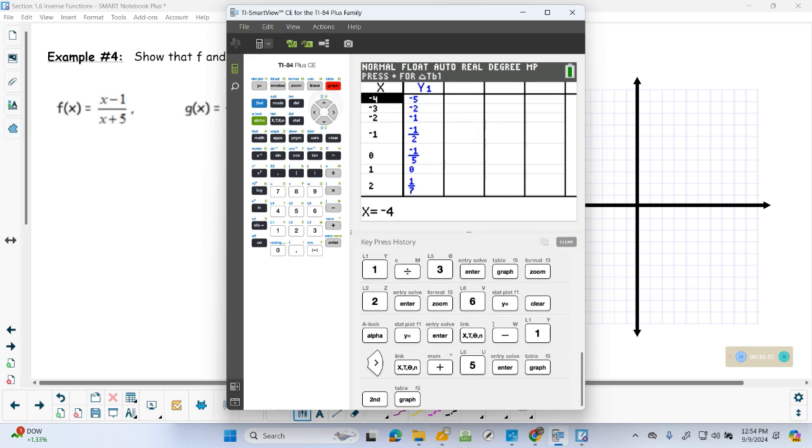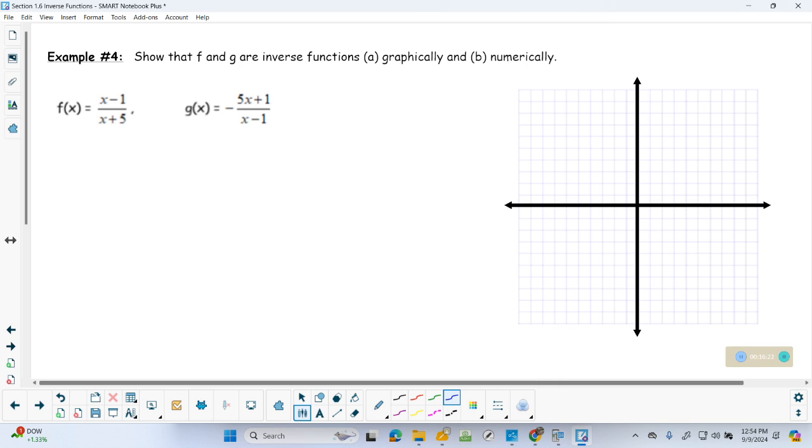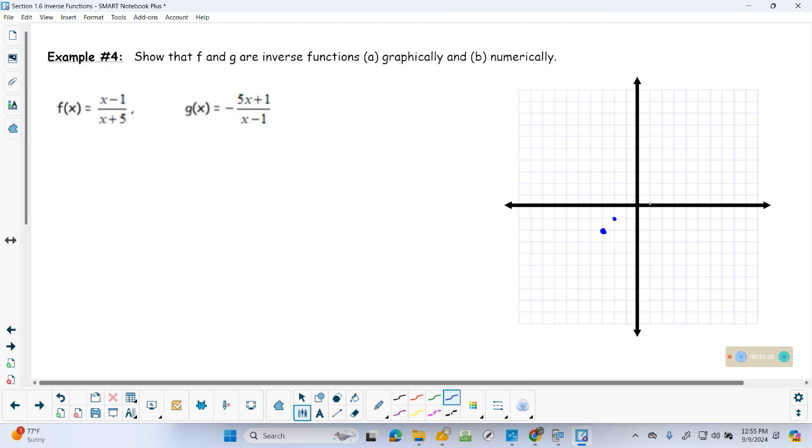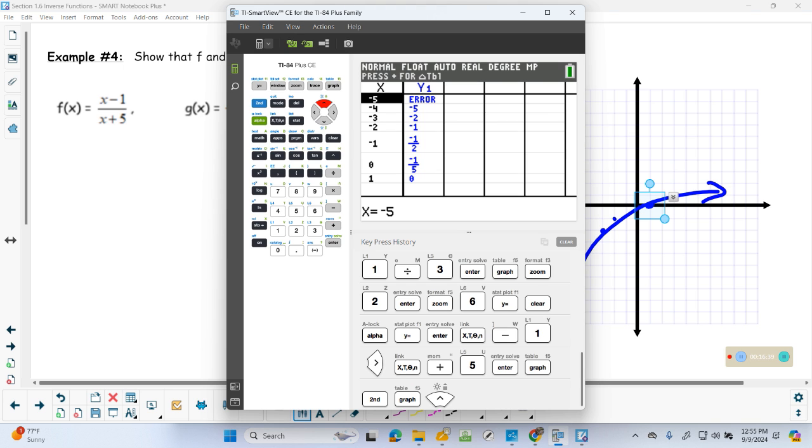Let's see what we got here. So let's do, I'm going to do like -3, -2, -2, -1. What else is on there? Anything like 1, 0. So that kind of gives you this piece of the curve. So I probably need to scroll up on my t-chart to get that other piece of the curve.